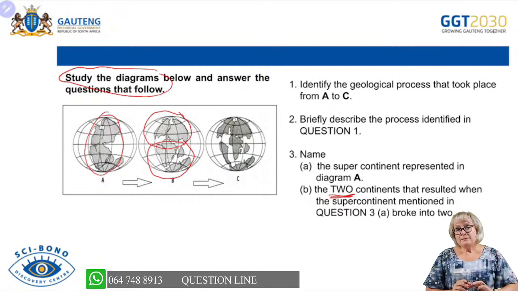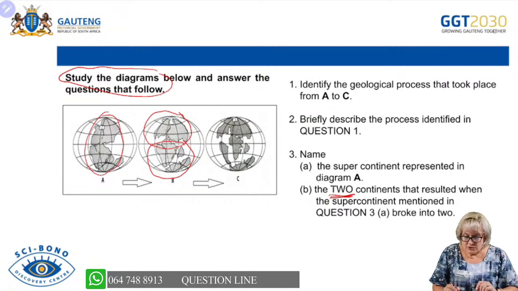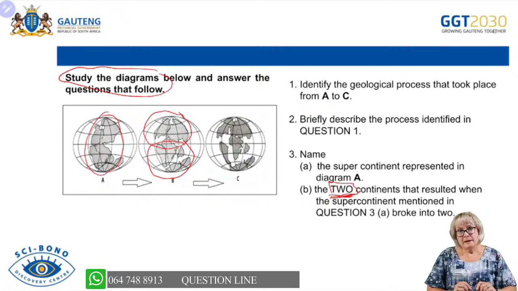Now, if you're not sure, don't write more than two names, because the question is saying you must give two, and it's even in capital letters. When we mark your questions, and now you've got 3 words there, because you're not 100% sure, is one of them not maybe Pangaea? So now you write three names. You know what we do as markers?